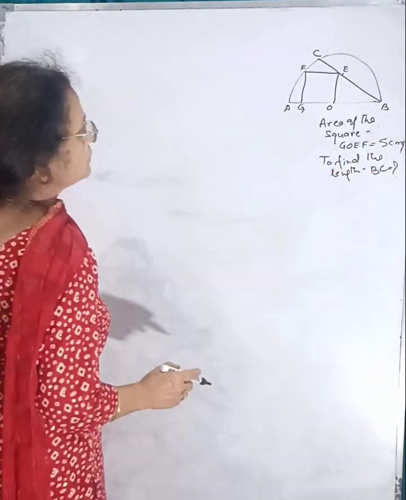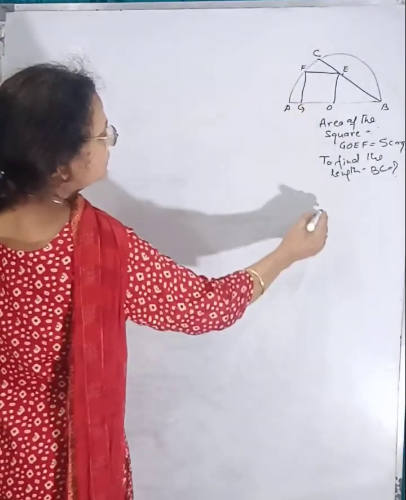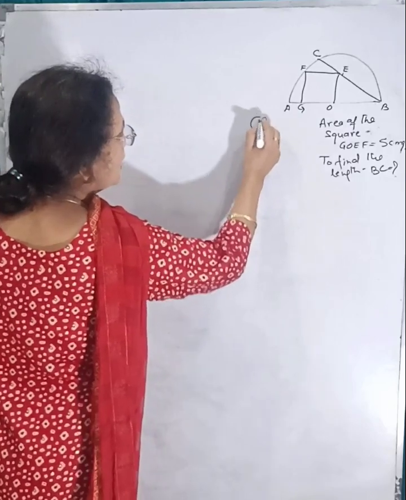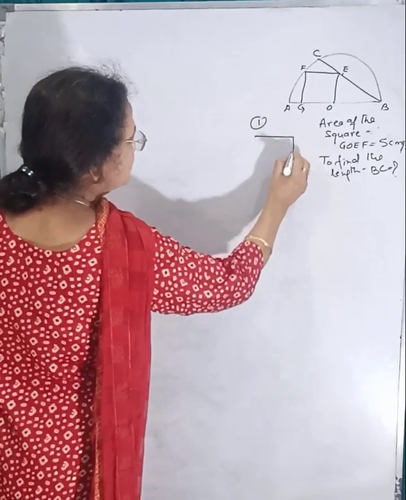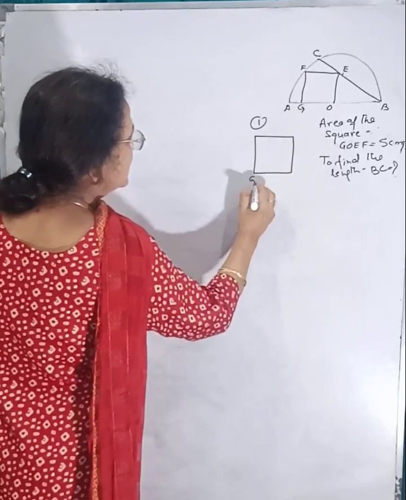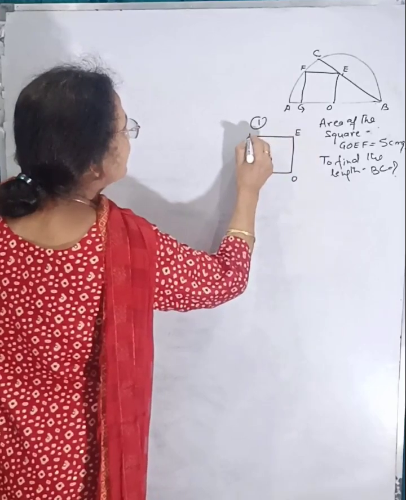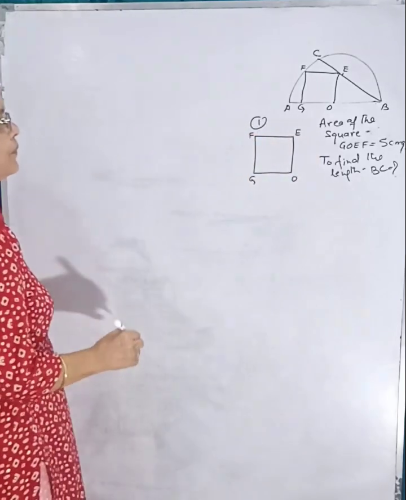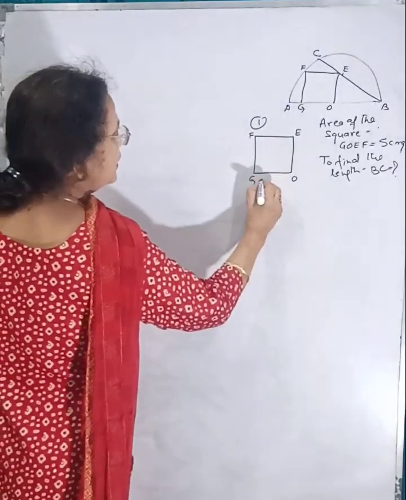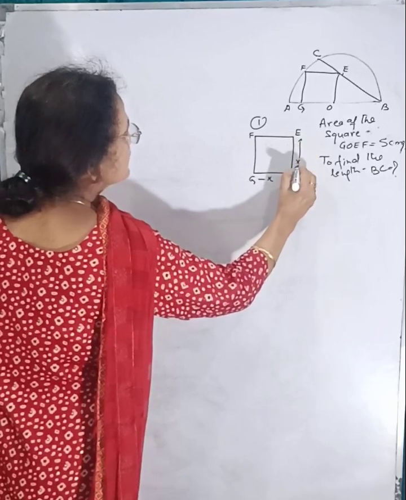First of all, we take the square. Figure 1. This is the square. This point is G, that is O, that is E, and that is F. If this side is x, this side will also be x.